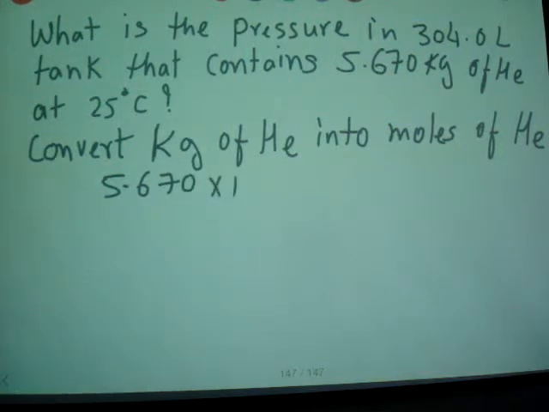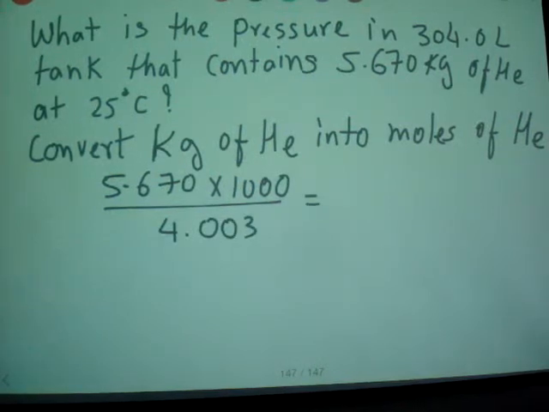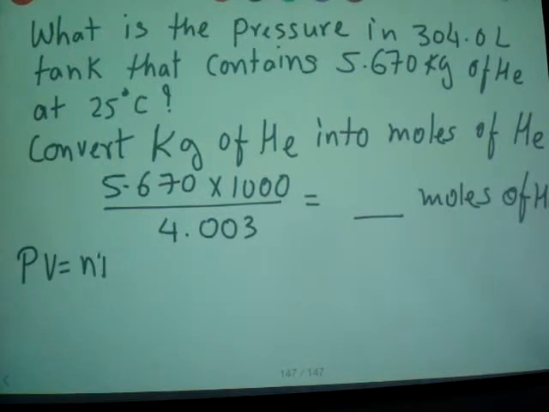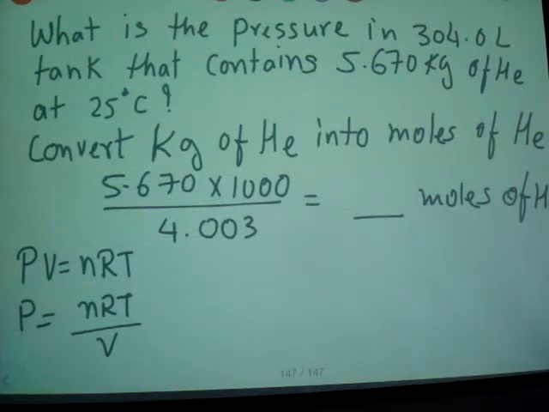We convert into grams first, and then use the formula mass of helium, 4.003. That's how you convert to moles of helium. Then we know PV equals nRT. We need to find the pressure, so P equals nRT divided by V. And then we plug the values in.